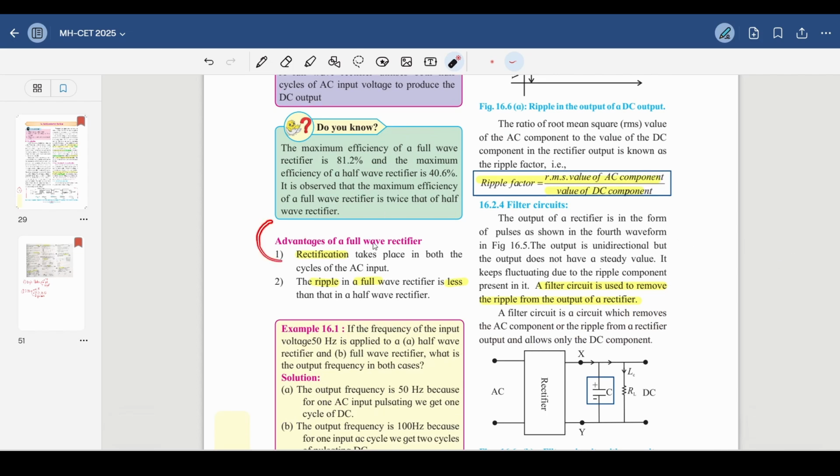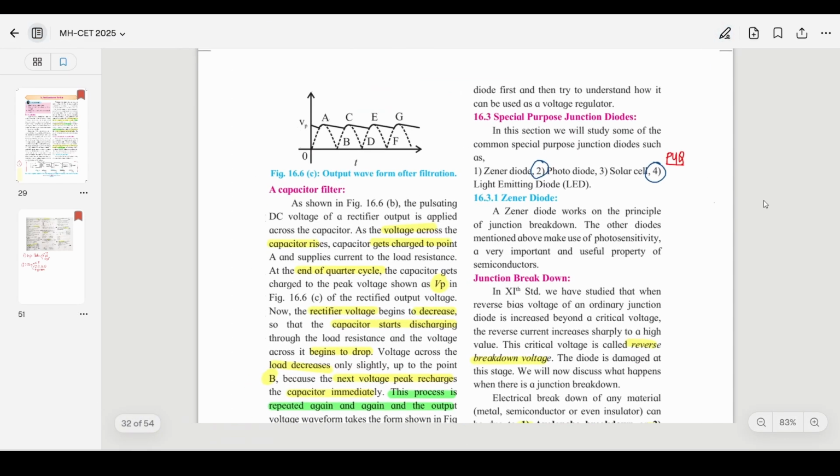So what are the advantages of the full wave rectifier? One is that it rectifies, and the other is that the ripple in the full wave is less as compared to the half wave rectifier. Why is this important? I will show you an example. They have asked a question on the advantages of the full wave rectifier in a previous year.